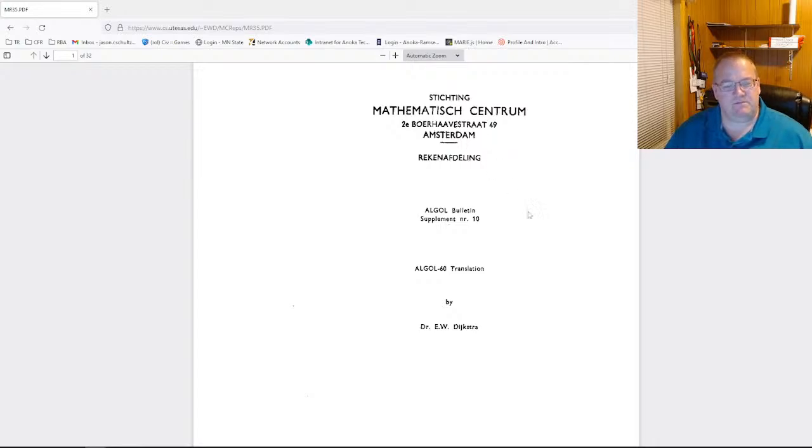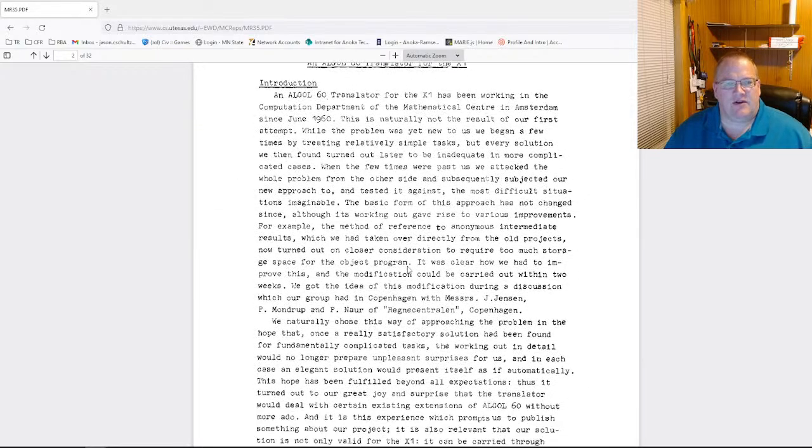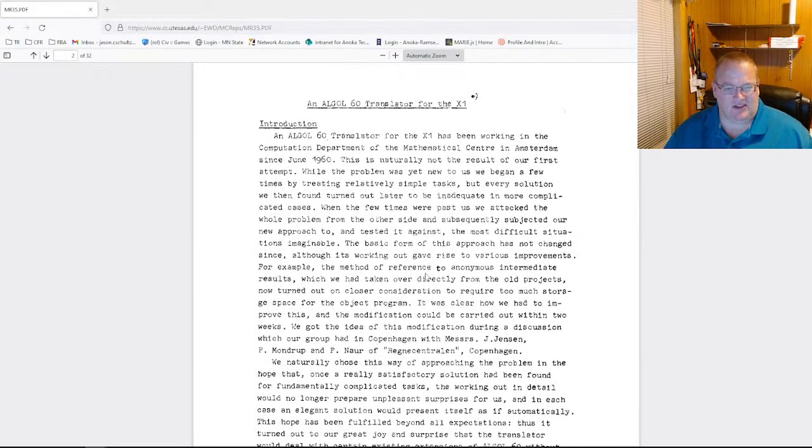Could be wrong. But it was translated. But notice here, see how it looks a little different? That's because this whole thing was published on a typewriter. And evidently, I think they made a mistake here and then they fixed it. That's why it's darker there.